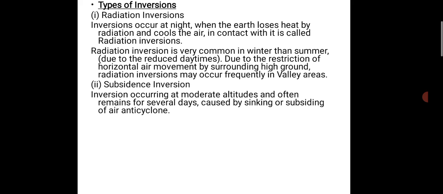Radiation inversion is very common in winter than summer due to the reduced daytime. Due to the restrictions of horizontal air movements by surrounding high ground, radiation inversion may occur frequently in valley areas.